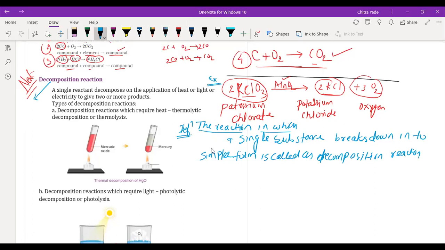Now I'm going to write the description for the given chemical reaction.